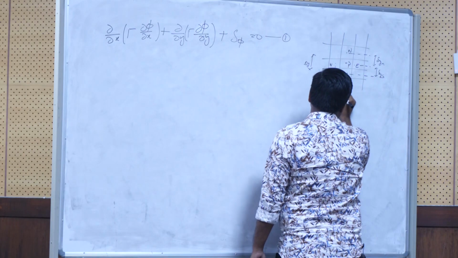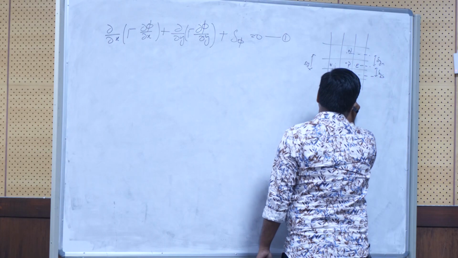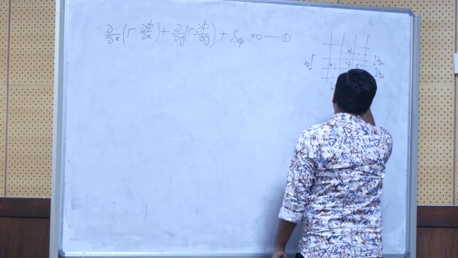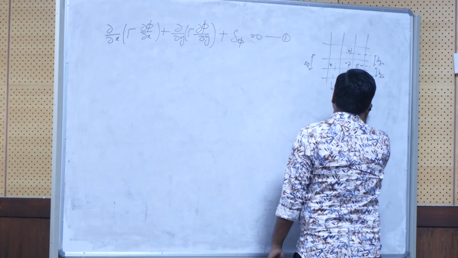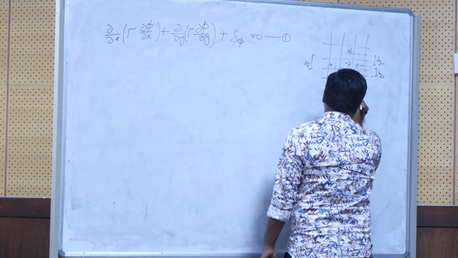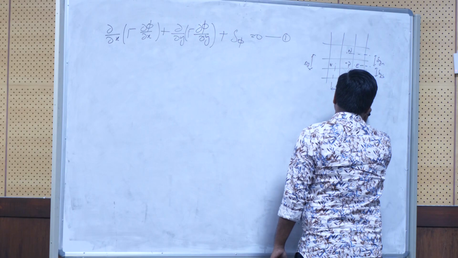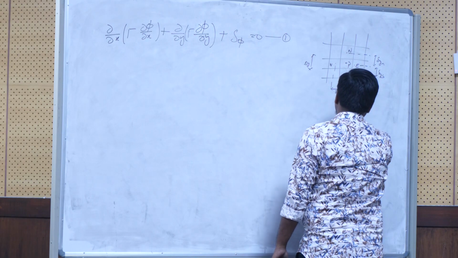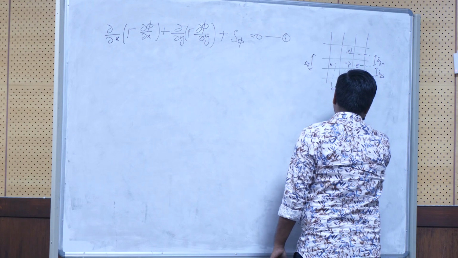West to south is del x w, south to east is del x e, and this is the total del x.